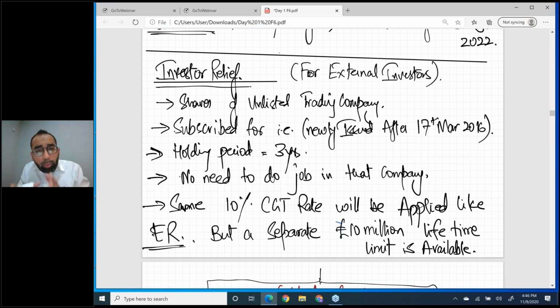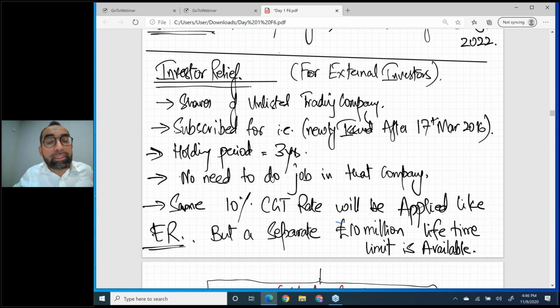That means you are holding shares plus you are working for that company as well. So what the UK government did was extend this relief to external investors. For an external investor claiming investor relief, you don't need to do a job in that company.